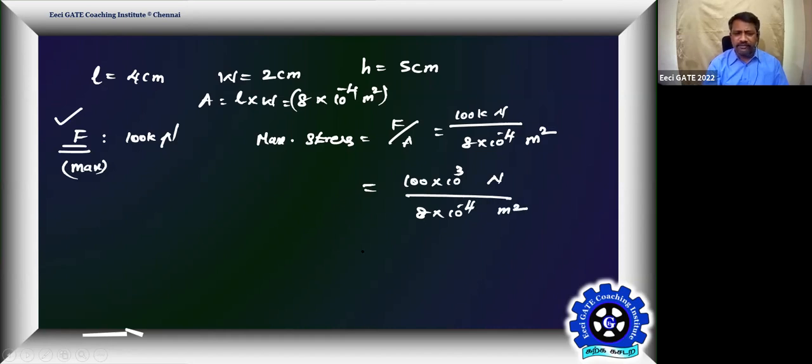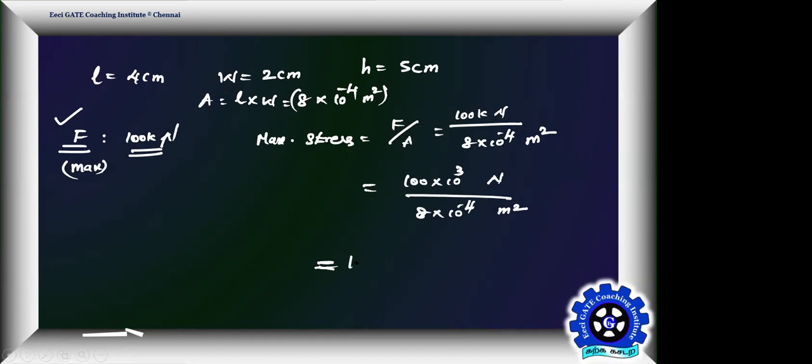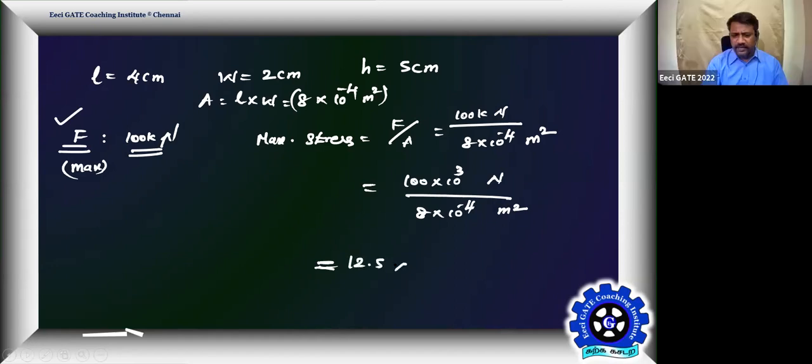So that you can have a feel for how the applied force is converted into stress. 100 by 8 is 12.5, so 12.5 into 10 to the power of 7 Newton per meter square. Such a huge stress is experienced by this load cell.